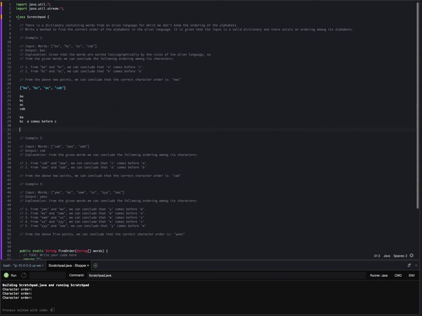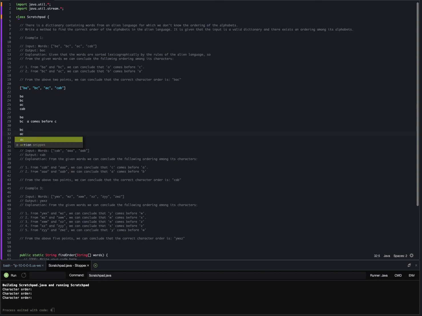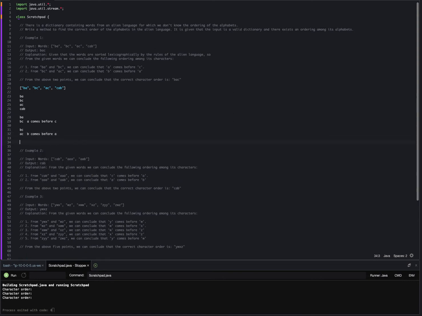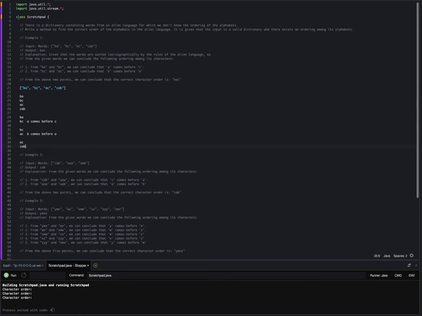Let's take the next two. So between BC and AC. Right off the bat, we see that the first characters B and A are different. So by the same logic, we know that B comes before A. And then we have AC and CAB.